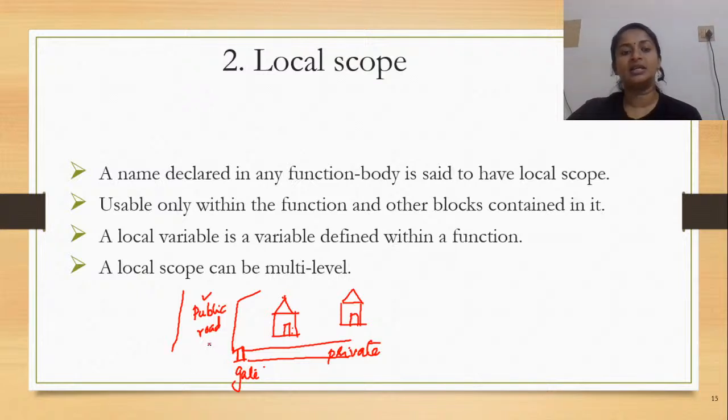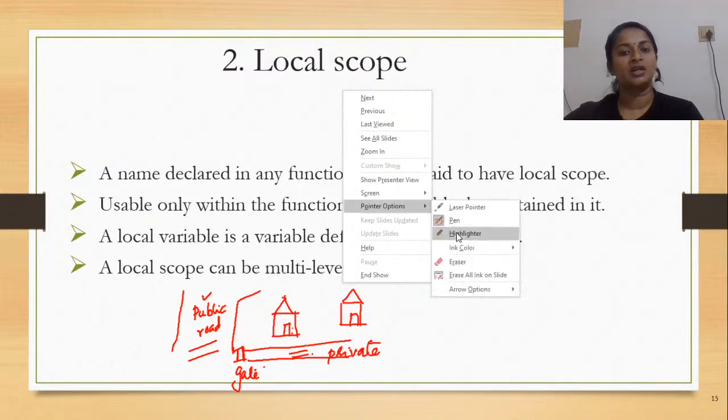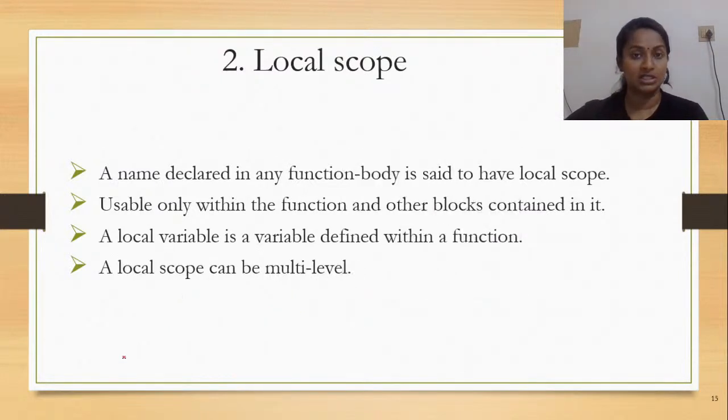The public road is something like a global scope wherein everybody can access it. But the private area you can equate to our local scope, wherein only the people inside the villa or people connected with them can use the private road which is plying through the villa. It is purely privatized and hence can be equated to the local scope. So I hope the idea of global as well as local scope is clear.